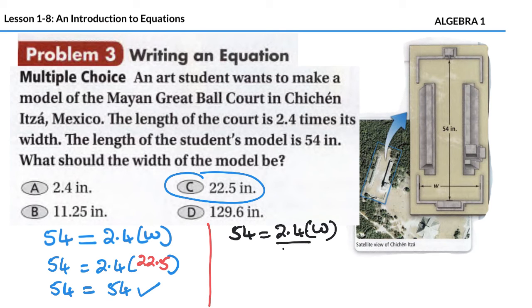So we divide by 2.4 on both sides. So what do we get? W is equal to 54 divided by 2.4, which is 22.5. So either way we get the same answer.